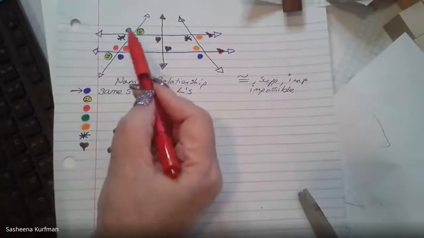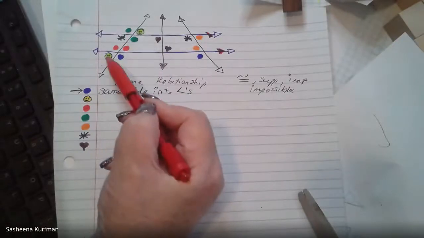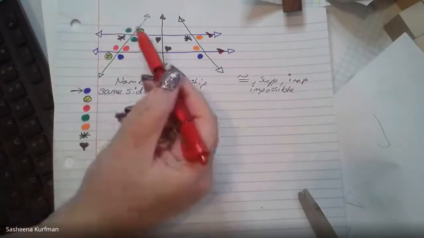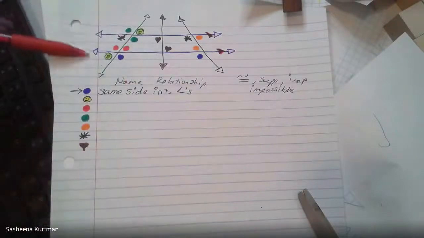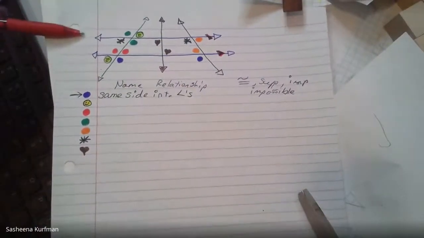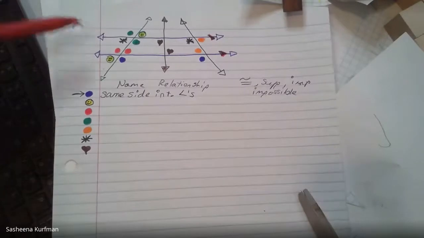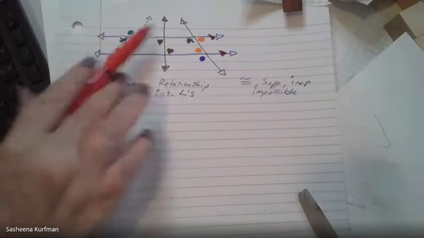Now, the next angle relationship we're going to look at is the one with the smiley face. I've got a smiley face here and a smiley face here. Now, neither of those two are between the purple lines, so they're exterior angles, and one's on the left side, one's on the right side.